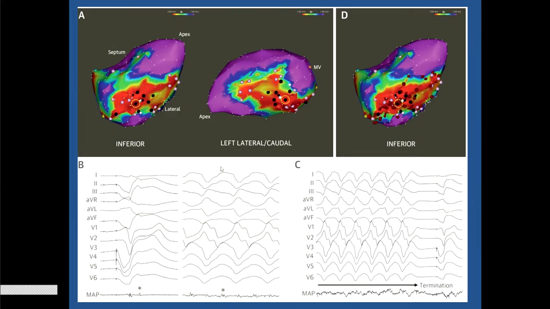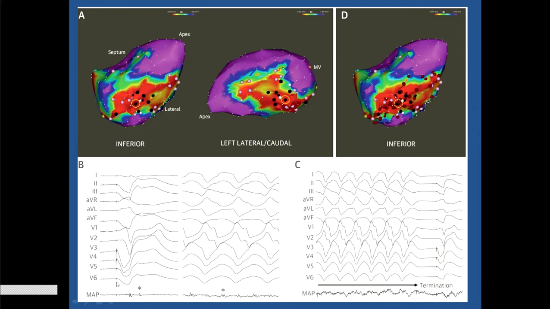Now this is ischemic heart disease in a patient with an old infralateral MI and on an ICD for LV dysfunction. The red is all the scar and the pink or purple is the healthy tissue, and the black islets are the areas where there were fractionated potentials, which could be part of the circuit. As I initially said, these living channels, muscle tissue in the dead myocardium, form the channels for the VT.